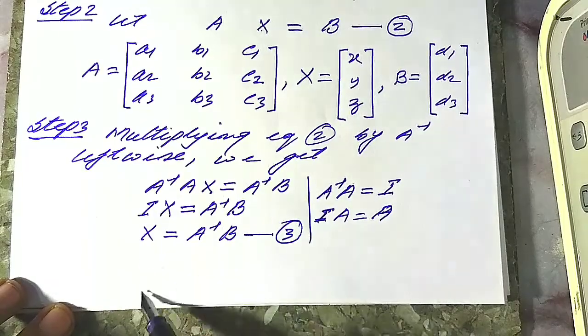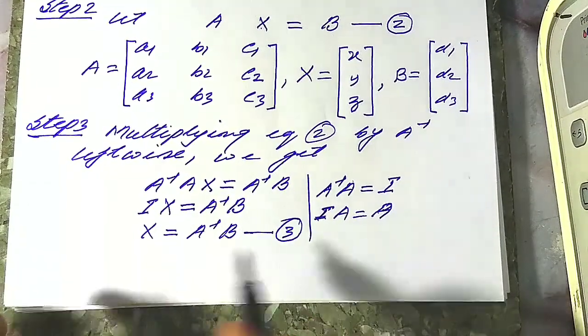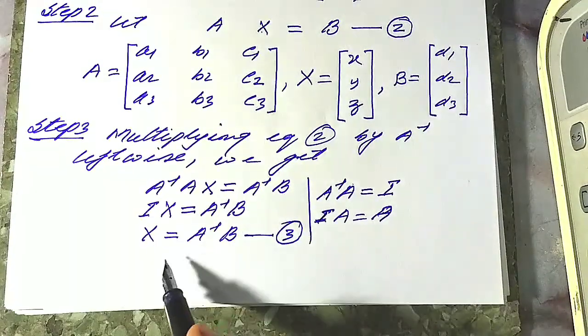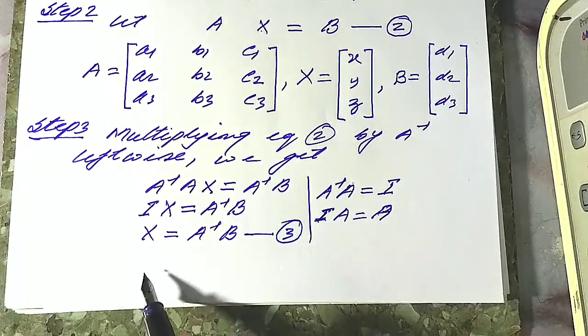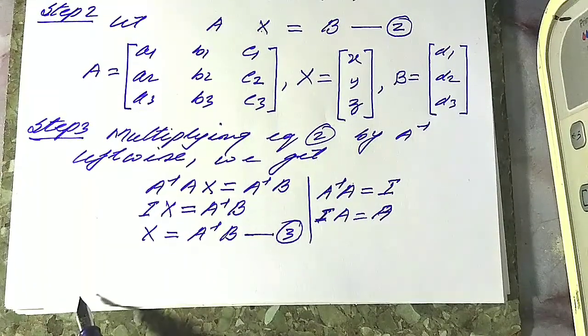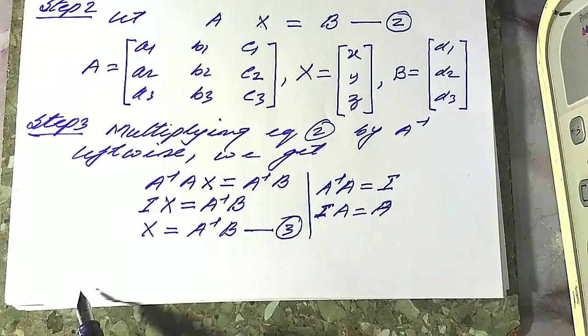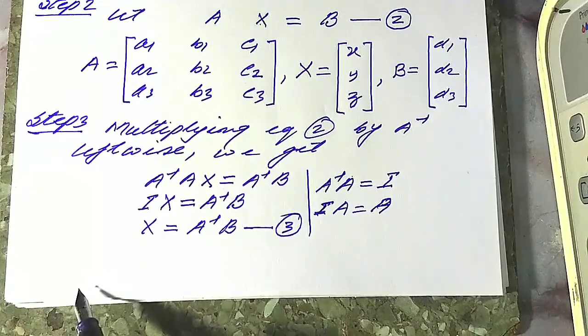So you will get a column matrix on both sides. Equating them, we may find the values of x, y and z. So this is the general algorithm of the matrix method of solving simultaneous equations.